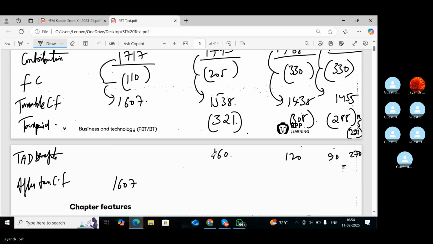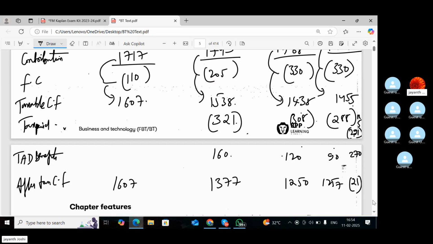Just do that. 1538 minus 321 plus 160 is 1377. For the 5th year, we have taken only the tax paid, that is 291, and the benefit 270. So the difference would be minus 21.